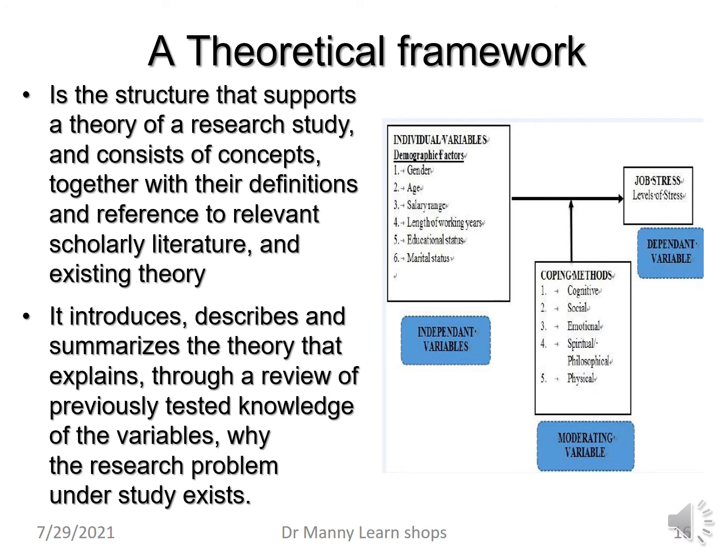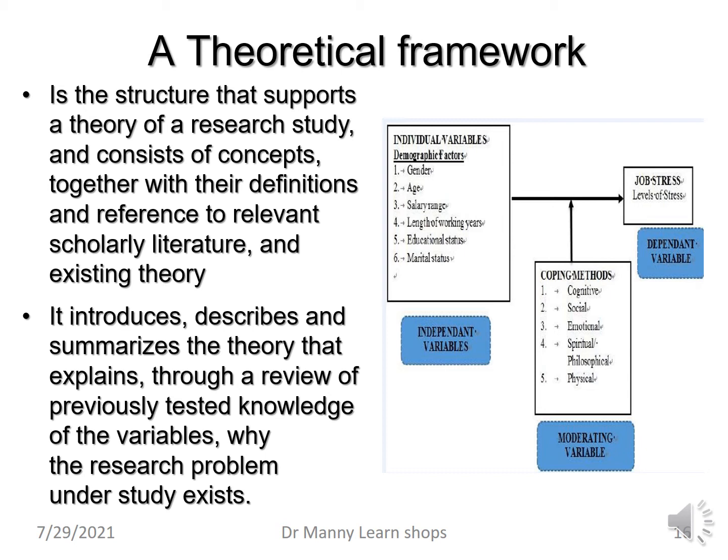So if we look at a theoretical framework then, a theoretical framework is the structure that supports a theory of a research study and consists of concepts together with their definitions and reference to relevant scholarly literature and existing theory. So the theoretical framework is essentially linked to previous research. And you can use it.